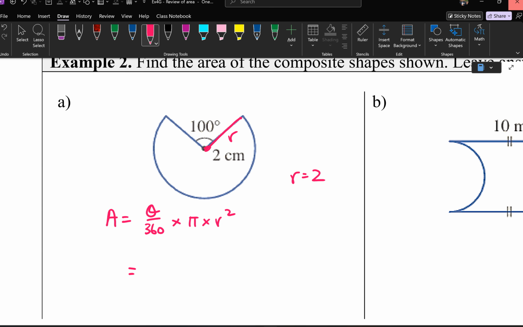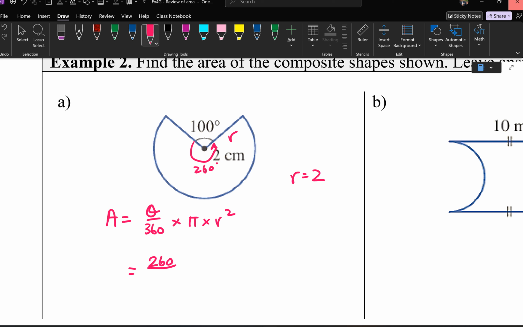So I know that radius is 2. What is the angle that I'm looking for this partial circle? Yes, Mira? Very good. Some students will say 100. It's not 100 because 100 makes this smaller sector. We want the larger sector, which is actually known as the major sector. So the minor is the smaller one, major is the larger one. So we know this one has to be 260 degrees.